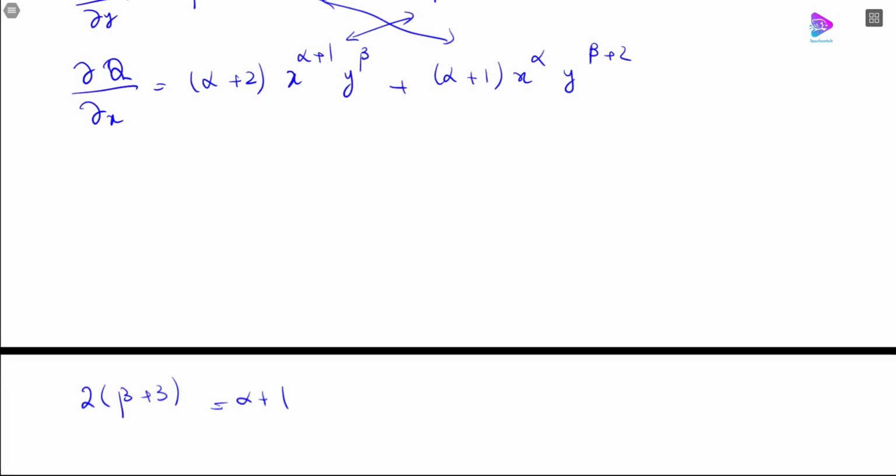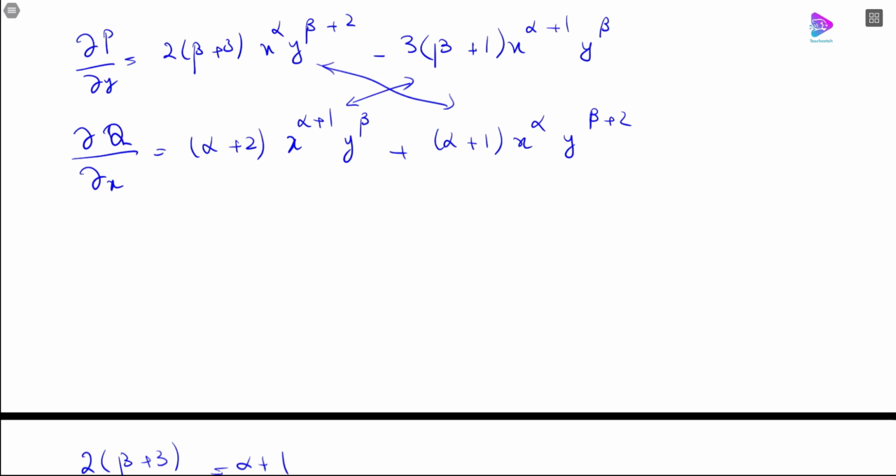So if we continue, we're going to have 2 beta plus 3 is equal to alpha plus 1, as you can see here.